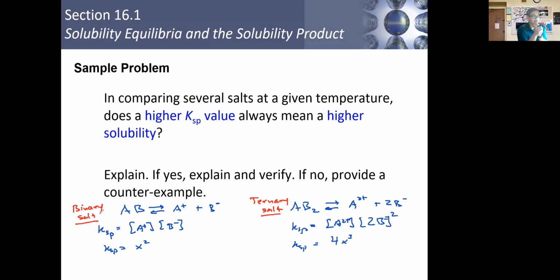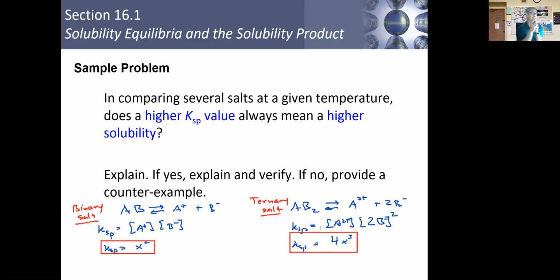If you take a look at the KSP values, they're different. This is a square, and this is a cube right here. So even though both of these compounds are made up of A's and B's, we end up with different KSP values. So the answer is no.